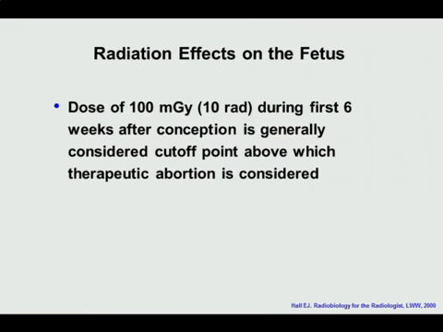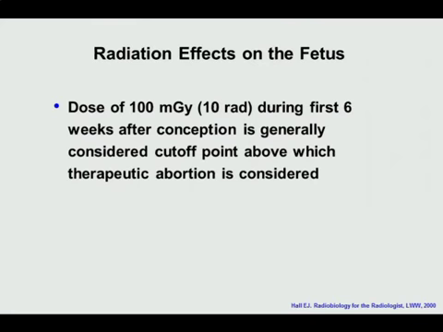So if a patient underwent a lot of imaging procedures and we estimate the fetal dosimetry to be more than 100 milligray, that's the point at which we recommend some type of therapeutic abortion. Again, it's a recommendation, and it's then left to the physician and the patient to make the determination of termination of the pregnancy. So 100 milligray is a large number.